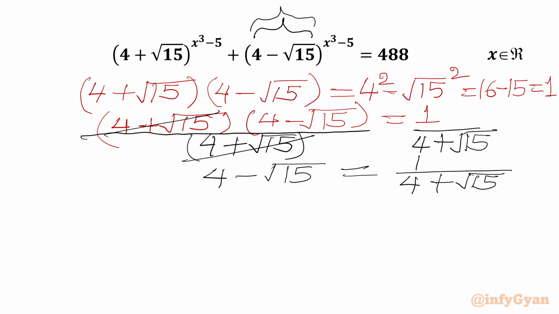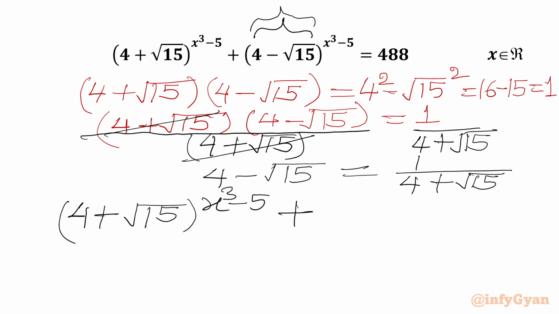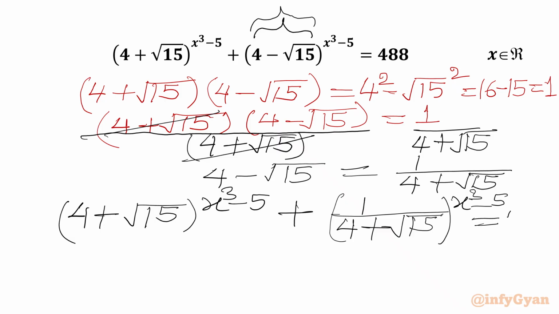And this value we are going to plug in here. We will get our equation (4 + √15) with power x³ − 5 plus (1 over 4 + √15) with whole power x³ − 5 equal to 488. Now we'll use the exponent law: (1 over a) whole power b is equal to 1 over a^b.